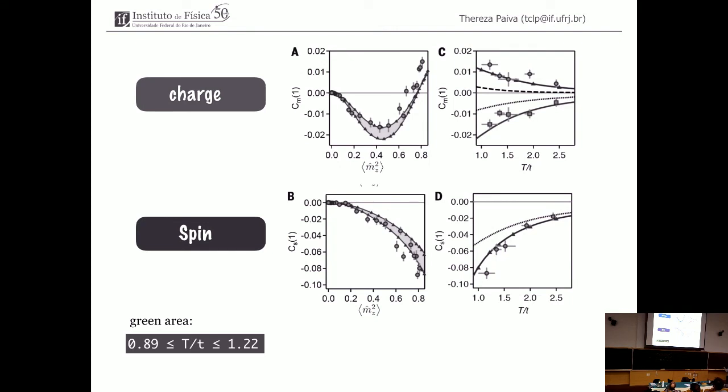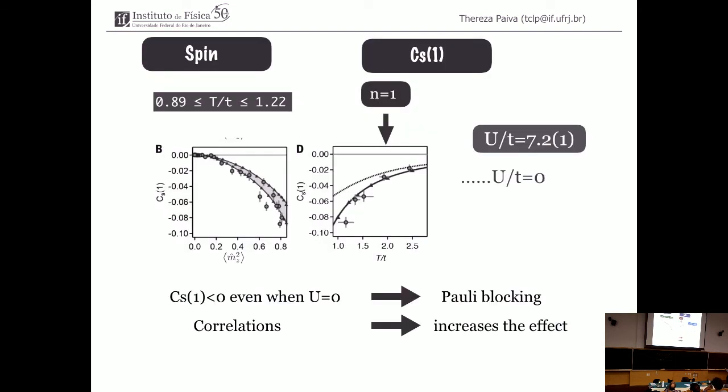So here I have the charge correlation and the spins. I'll break it into 2 parts. Let me show the spin correlation first. So here, this green area is the area between a temperature in units of hopping between 0.89 and 1.22.